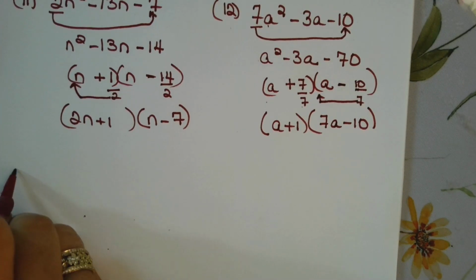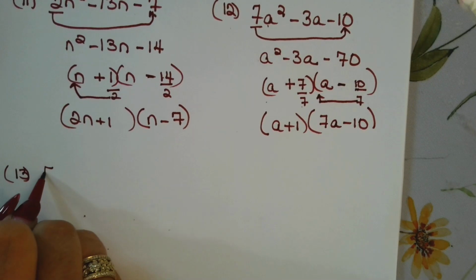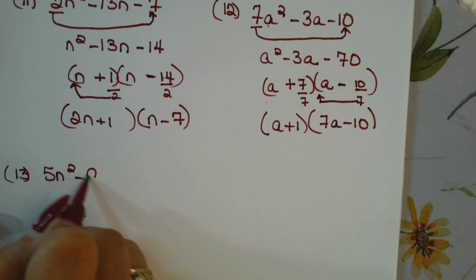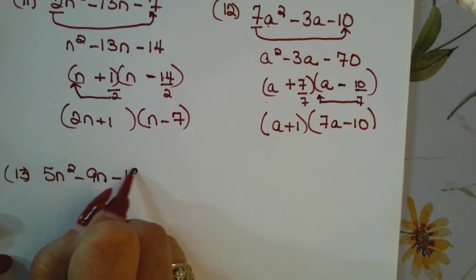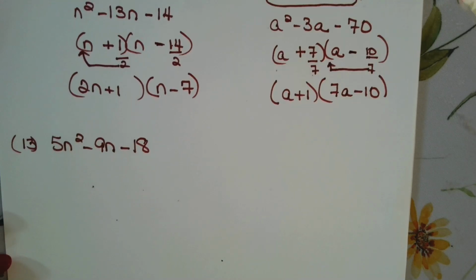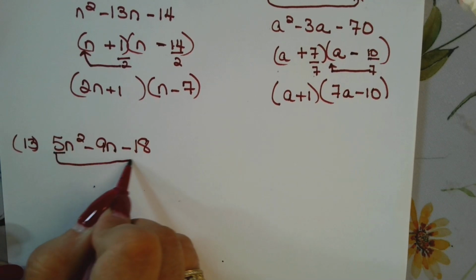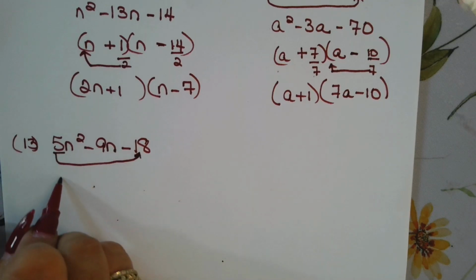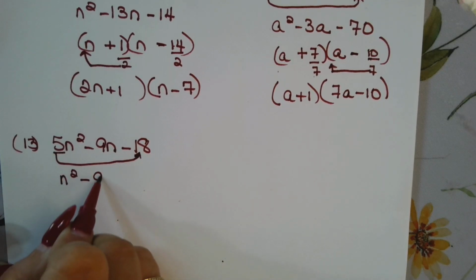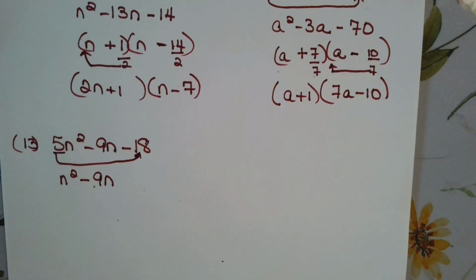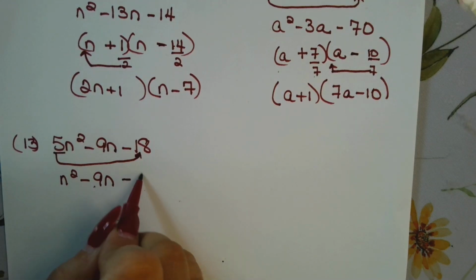All right, number 13, we have 5n squared minus 9n minus 18. Again, there's no greatest common factor, so we're going to take the 5 and multiply it over there. So this becomes n squared minus 9n minus 90.